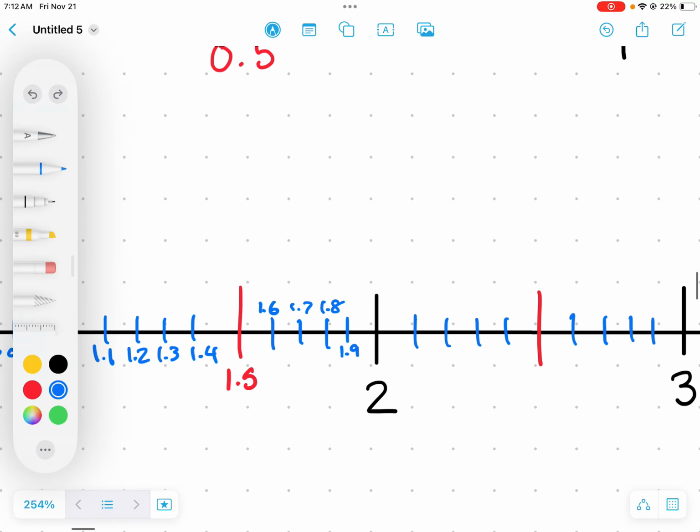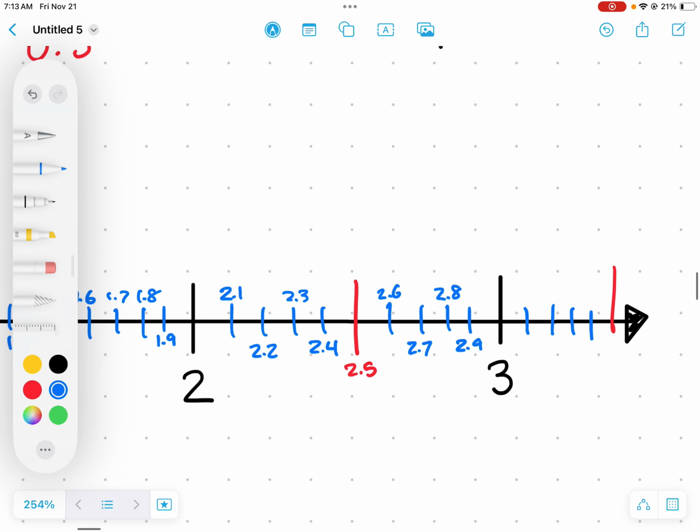Okay, now we're going to go to 2.1, 2.2, 2.3. You see the pattern yet? We're always counting to 9. Okay, 2.6, 2.7, 2.8, 2.9, and now we get to 3. So now change the number in front. Count to 9 again. 3.1, 3.2.